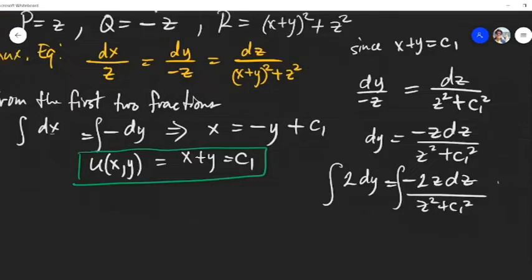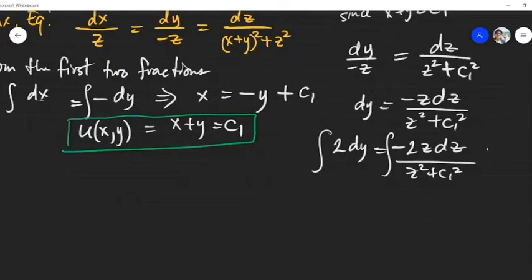So integrating both sides, we have the constant 2, and the integral of dy is just y. And this is equal to negative ln of the denominator, z squared plus c sub 1 squared. And don't forget your addition of c sub 2. Okay, so let's transpose the ln.